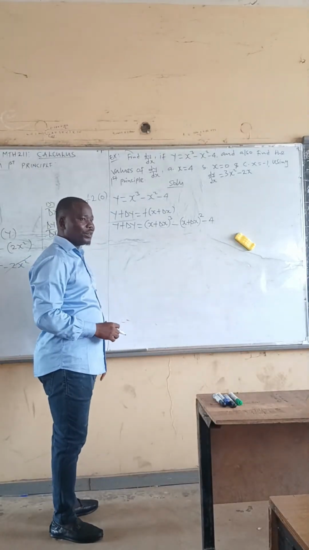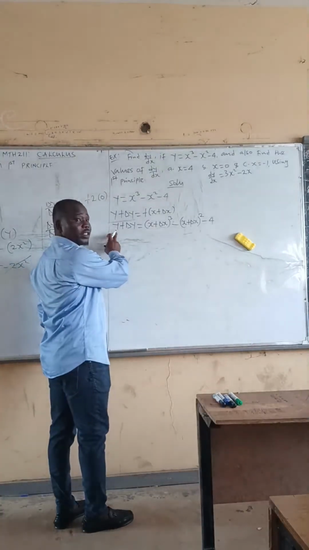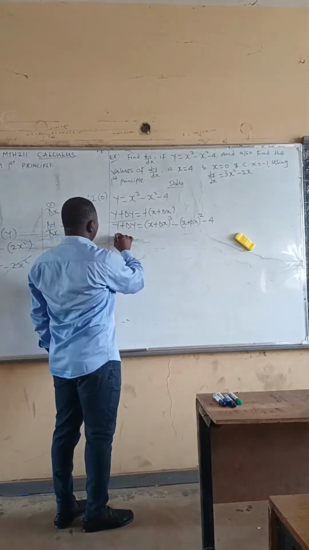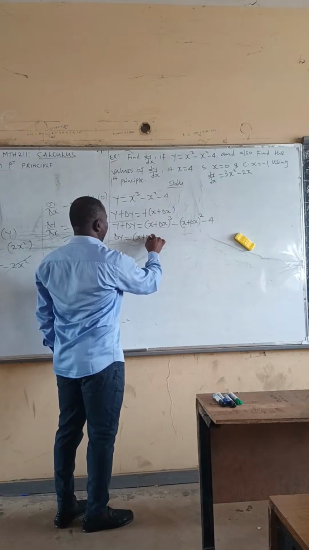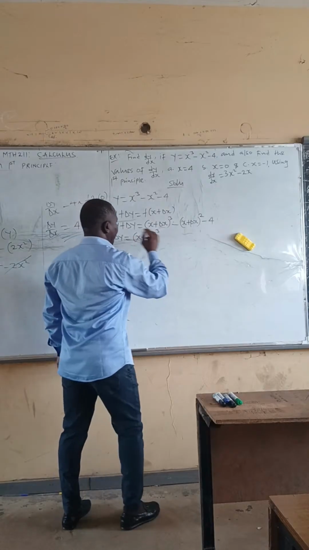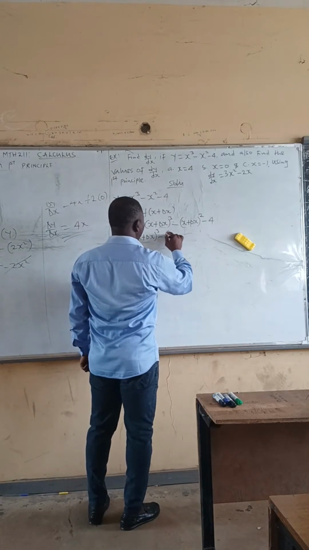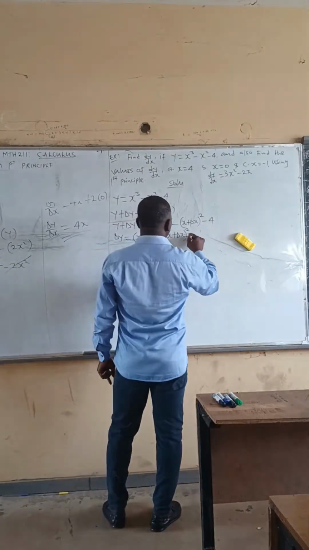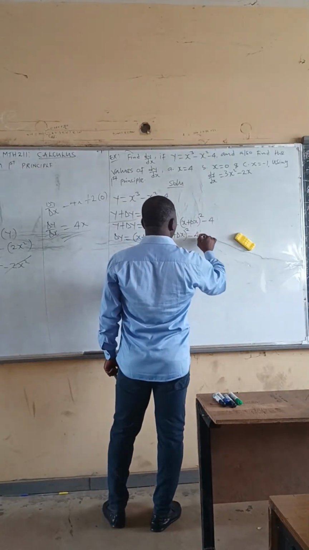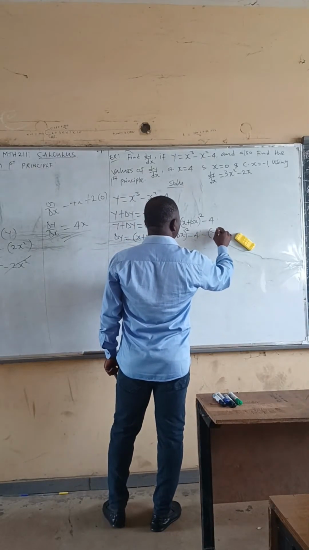Okay, so now we subtract y from both sides. It means our dy is equal to open bracket x plus dx raised to power 3 minus open bracket x plus dx raised to the power of 2, then minus 4, minus open bracket y.